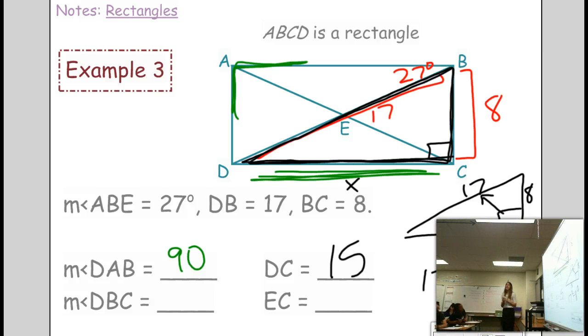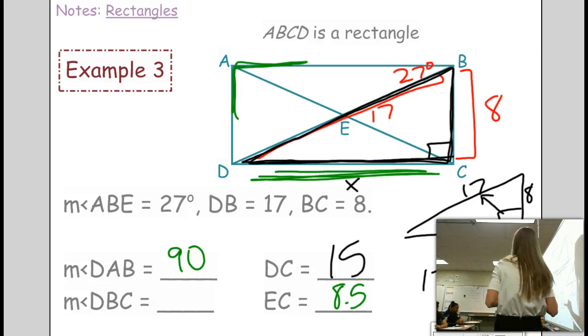All right, and then Matt, how long is EC? It's a decimal. Diagonals bisect each other. What'd you get? 8.5. Very good. Jeanette, how did you get 8.5? Where did that come from?